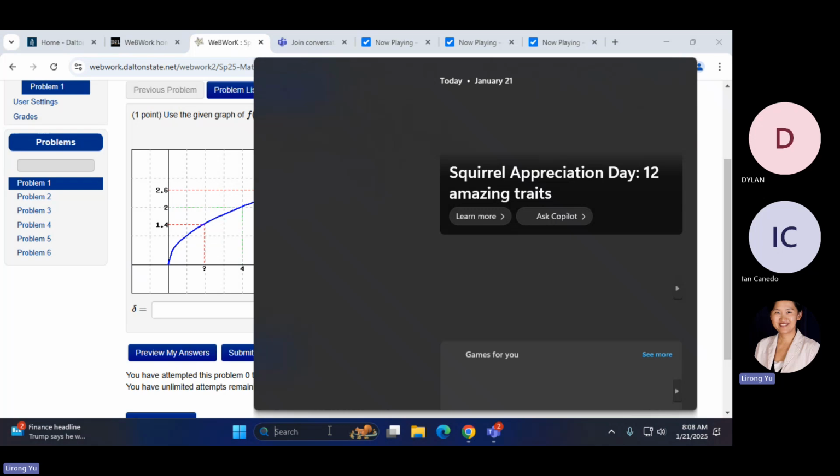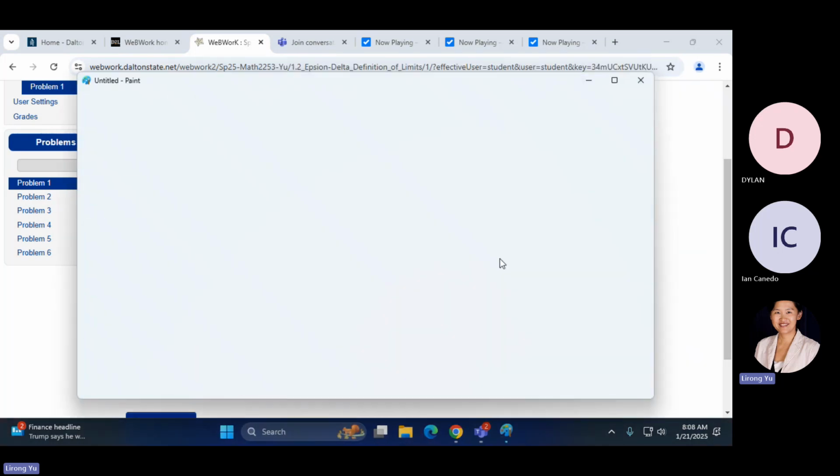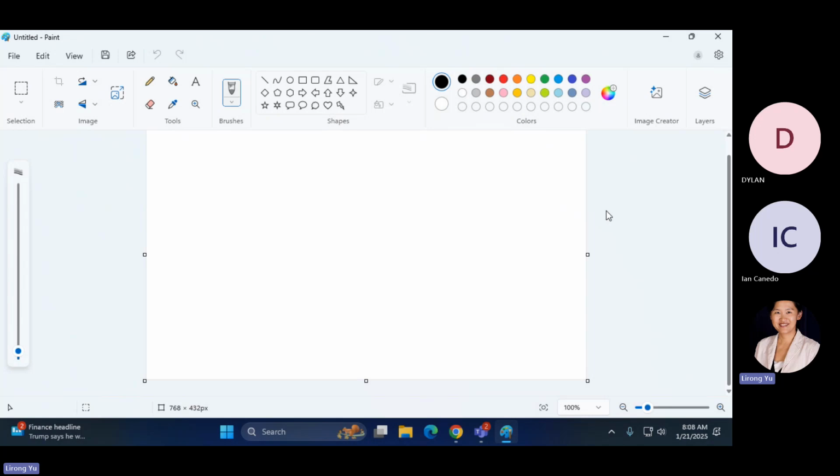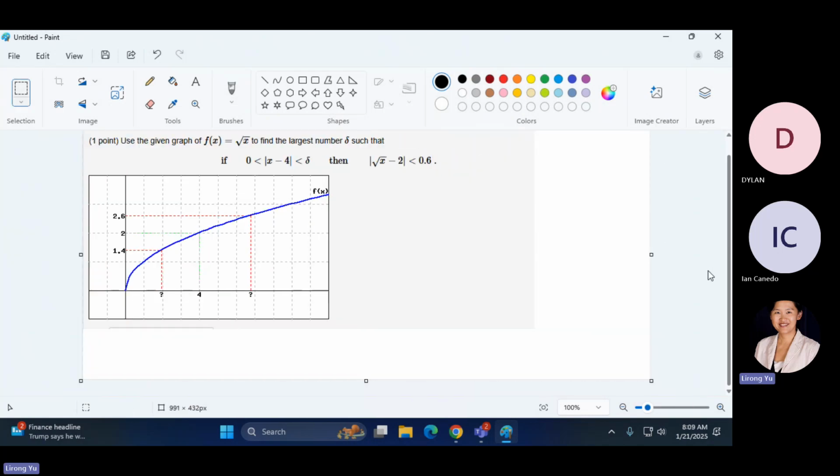When you search for the right boundary, you work out the algebra that allows you to put a proper boundary onto x minus 4. Right, so this is to prove the limit of root of x equals 2 as x approaches 4.